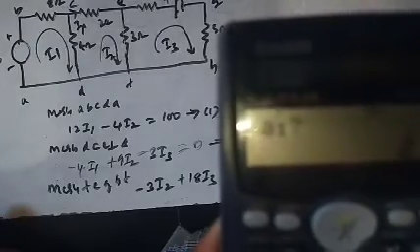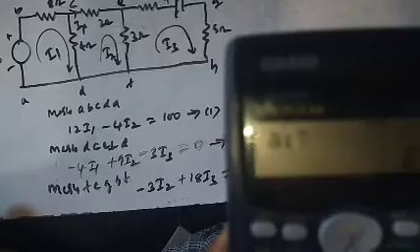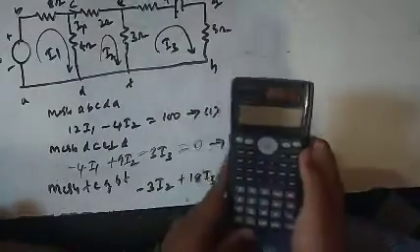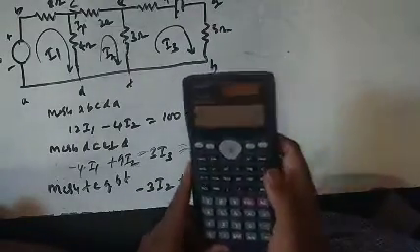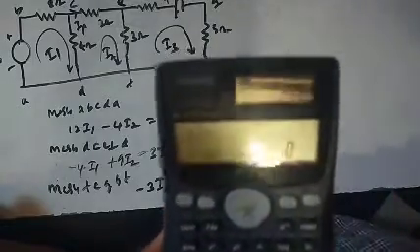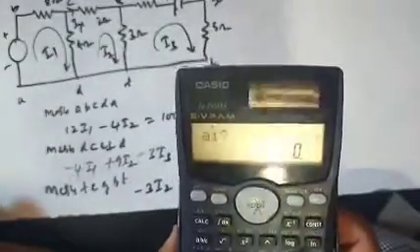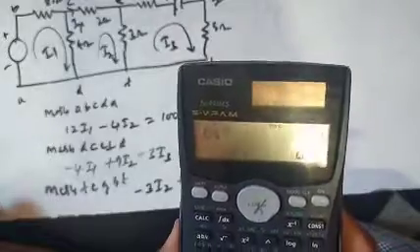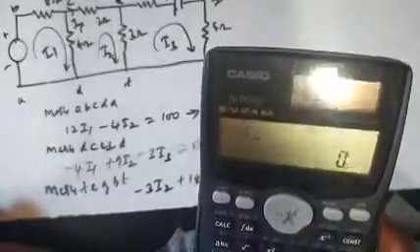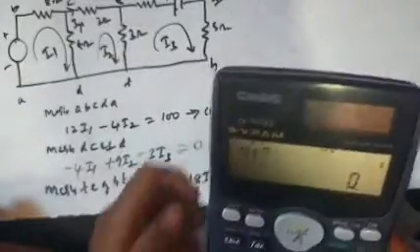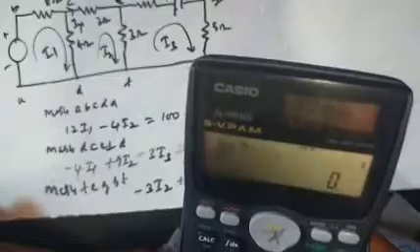Okay, so it is asking for A1. The A1 value is 12. Press equal sign. B1 value is minus 4. C1 is not there, that is I3 is not there, so it is 0. D1 is 100. Okay, I finished.